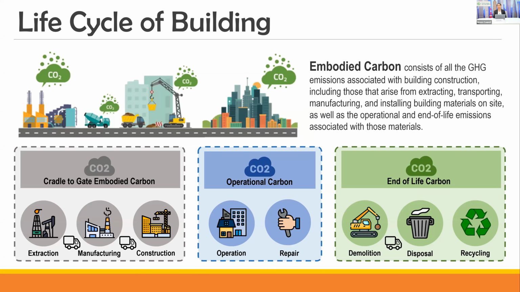These two materials contribute the most embodied carbon in the buildings, and the other part is this one. Operation carbon is one of the main parts too. But for me, the challenge is how to reduce the embodied carbon or the carbon emission in the construction stage.